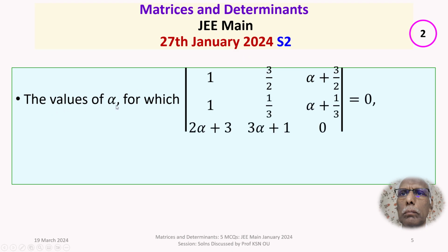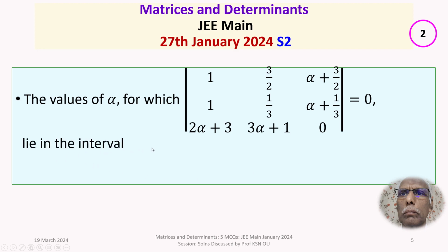The values of alpha for which the 3 by 3 determinant whose first row is 1, 3 by 2, alpha plus 3 by 2, second row is 1, 1 by 3, alpha plus 1 by 3, the third row is 2, alpha plus 3, 3 alpha plus 1, is equal to 0, and the determinant is equal to 0.